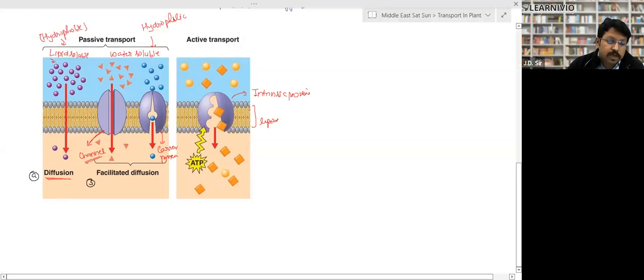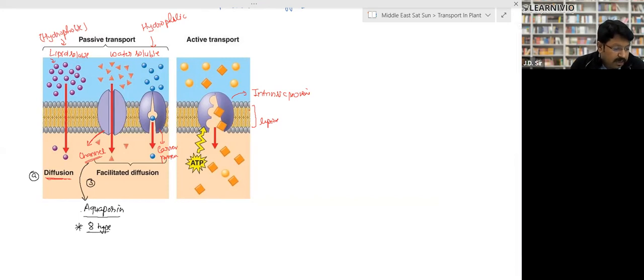This question has been asked in medical examination, and it is also in your NCERT. There are 8 different types of aquaporin, or water channels, recorded. That question has been asked in medical examination twice, so please note it down.